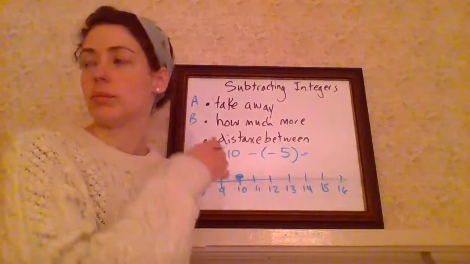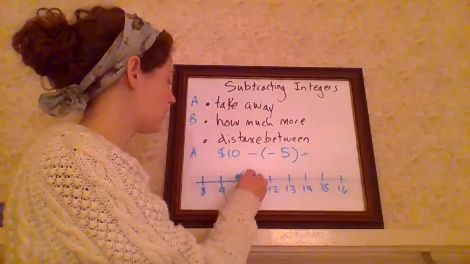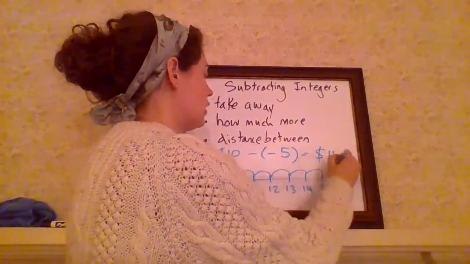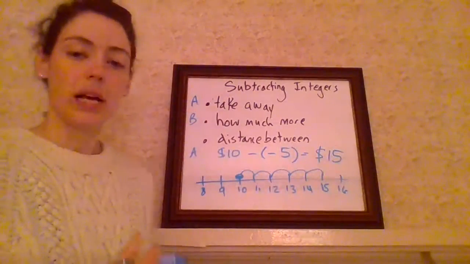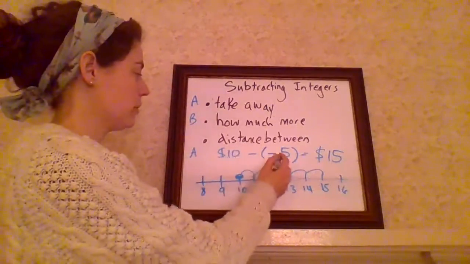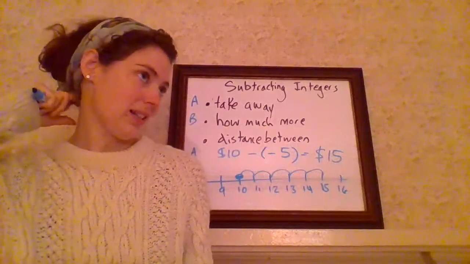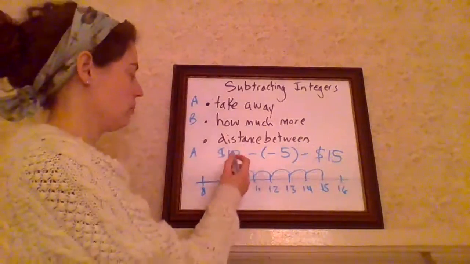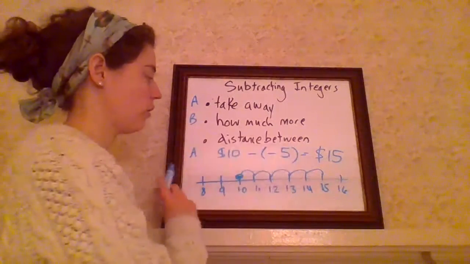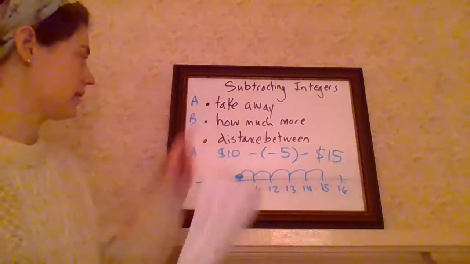But now that you're subtracting a debt, you're getting rid of a debt, you are gaining money. So 1, 2, 3, 4, 5. So you don't have $15 in your possession, but because this debt is gone, you have the benefit of $15 because you no longer have to pay 5 of this away. Okay, so that's one example of taking away something.